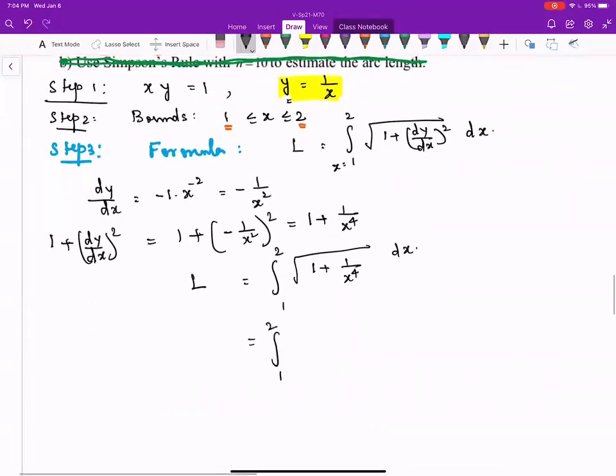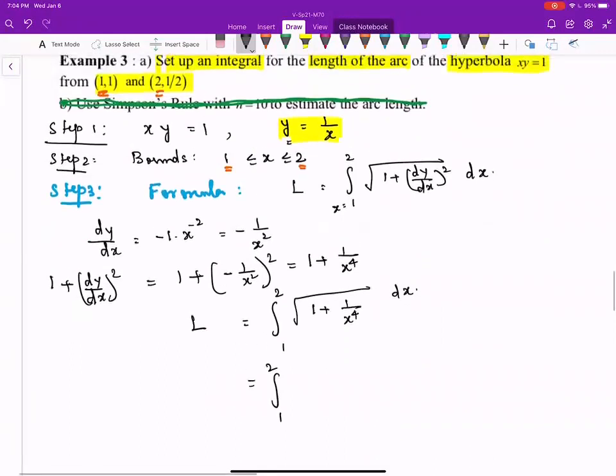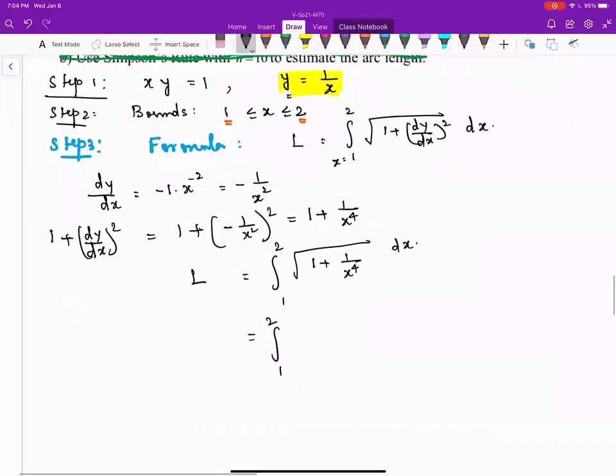We are not asked to evaluate this integral. We are only asked to set up an integral for this one. So if you just simplify this, it becomes square root of x to the power 4 plus 1 over x to the power 4 dx.